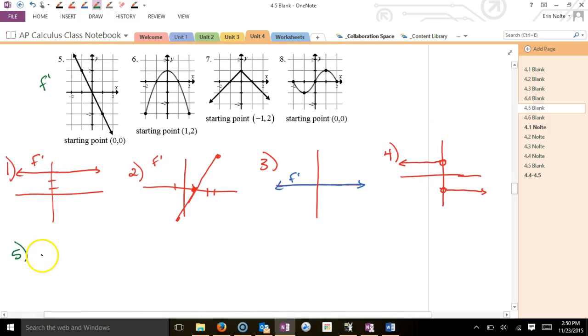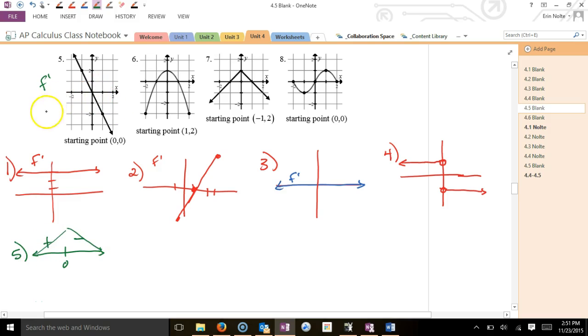I think it helps to have a number line when you do this. So it crosses the x-axis at 0. The slope from the left side is above the x-axis, so it's positive. On the other side, it's negative.